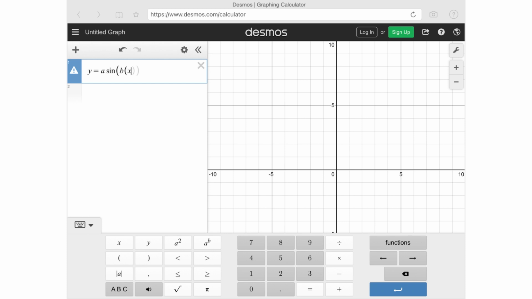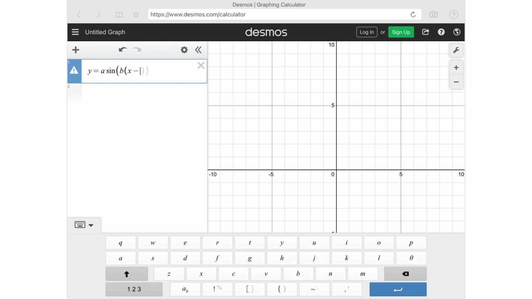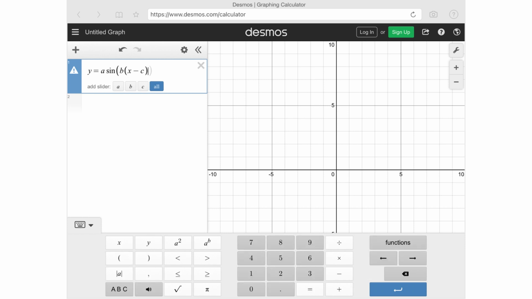And then here we'll have our x minus, and then here you can just put a C in. Let me think about that for a second. Yeah, you can just put a C in because that'll take care of the B. Okay, and then after you'll have to finish both those brackets, and then at the end you put a plus D in.